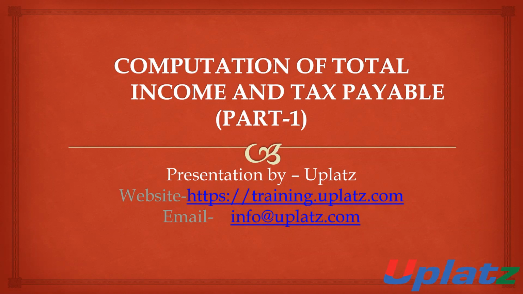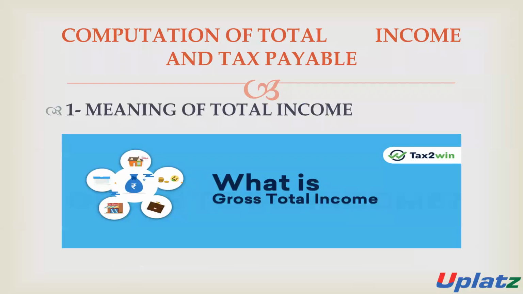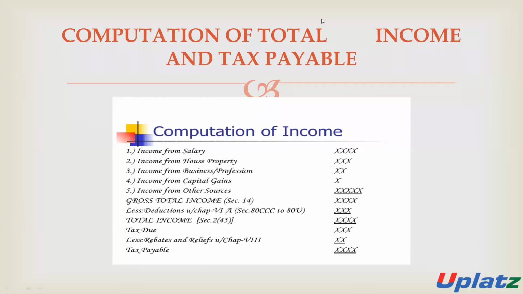Means how we will calculate the total income and how we will calculate the amount which is required to be payable by the assessee on such total income. Just like that, we will calculate income from salary, income from house property, income from business and profession, capital gain, and other sources. This is known as gross total income.